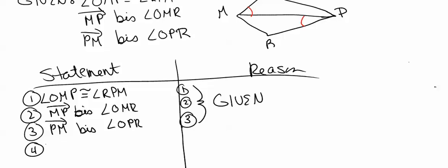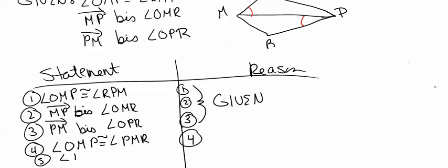From there, though, looking at number 2 and number 3, that MP bisects OMR, we can come to the conclusion that angle OMP is congruent to angle PMR, and angle MPR is congruent to angle OPM.